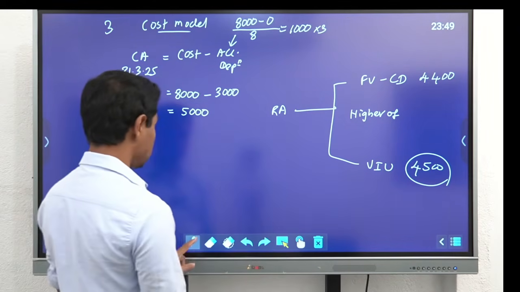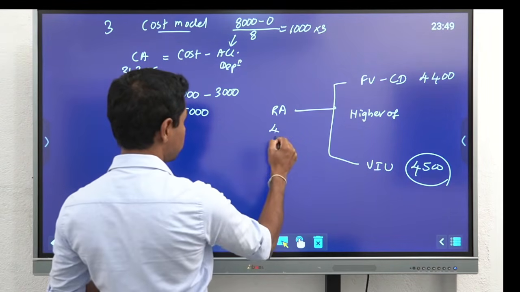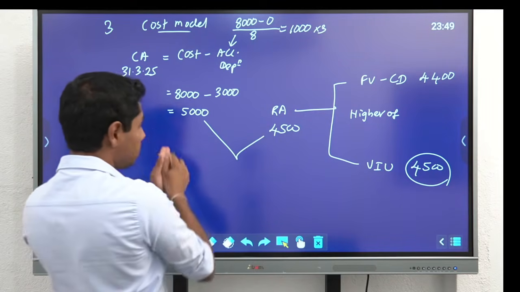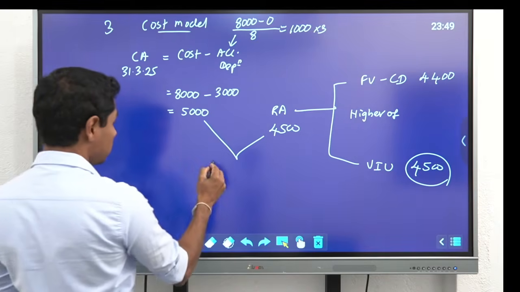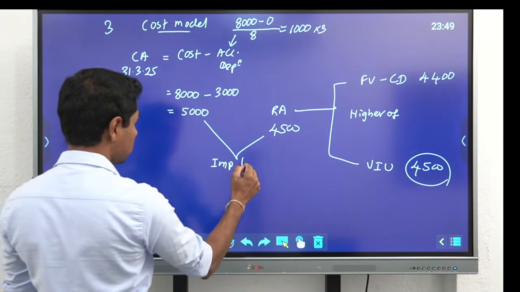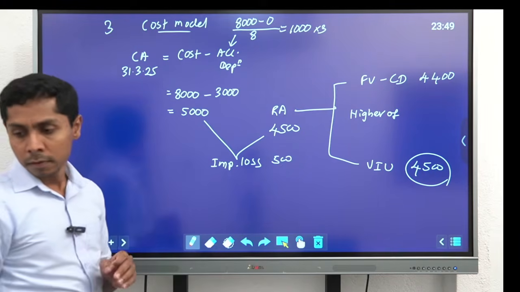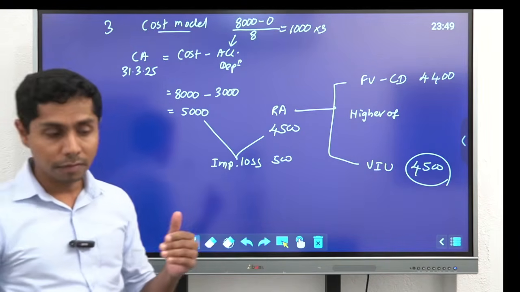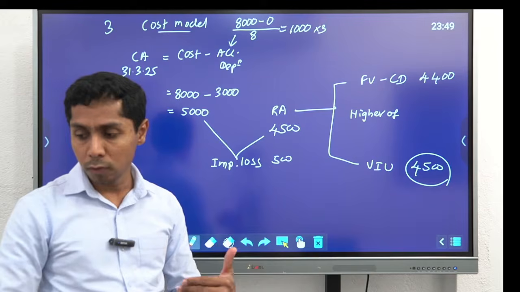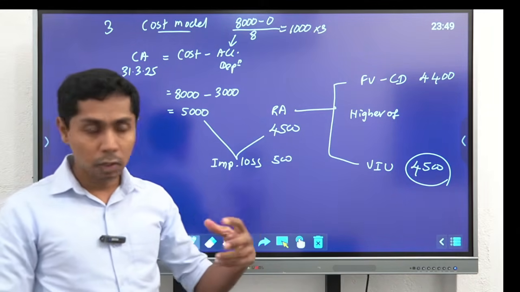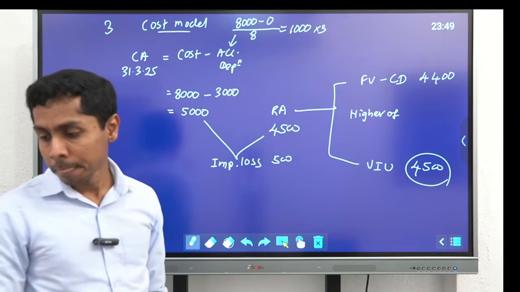So the recoverable amount is 4,500. Now it is clear our asset is overstated by 500, correct? So impairment loss is 500. And then we have answered part 1 and part 2. Recoverable amount is 4,500. Impairment loss is 500, correct?